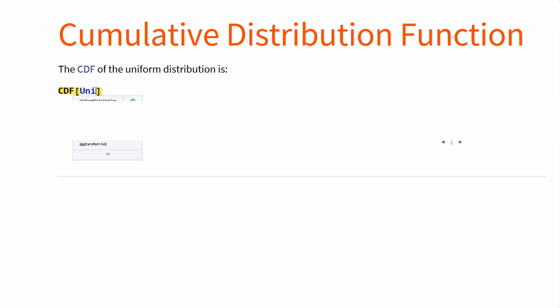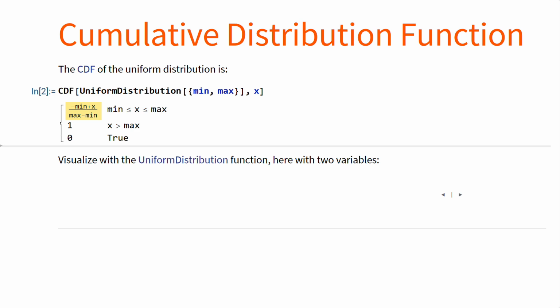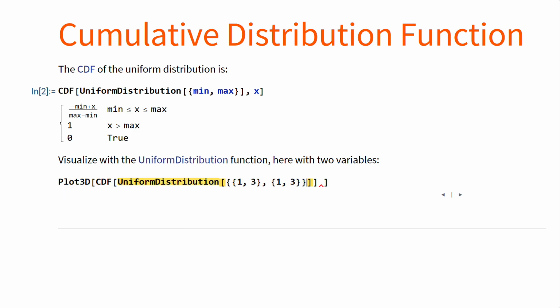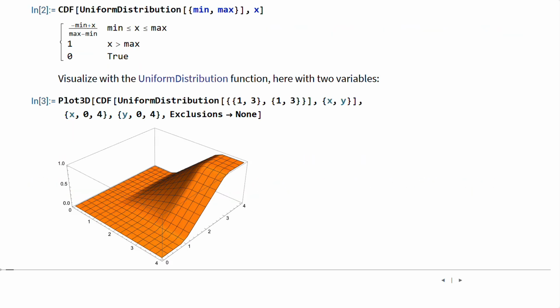Simply taking the integral, you get the CDF, a function with a constant rate of increase. Note that the uniform distribution can be both univariate and multivariate. For example, you can plot the CDF of the bivariate uniform distribution with the minimums at 1 and the maximums at 3, which looks like this.